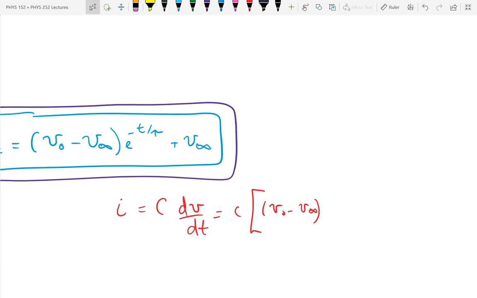What's the derivative of e to the minus t over tau? It's going to end the same: negative 1 over tau times e to the negative t over tau. You bring down the derivative of the exponent. So minus 1 over tau, and then the same e to the minus t over tau. And what's the derivative of a constant? It's 0, so I'm done.